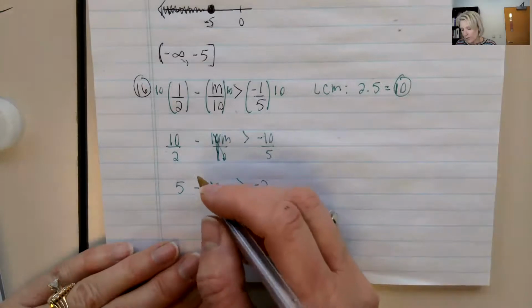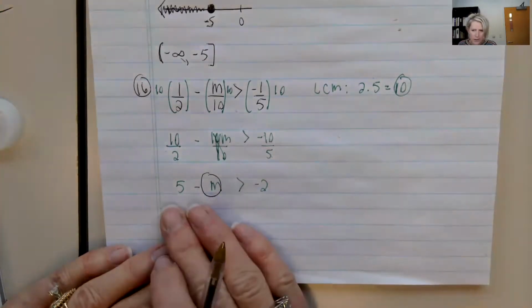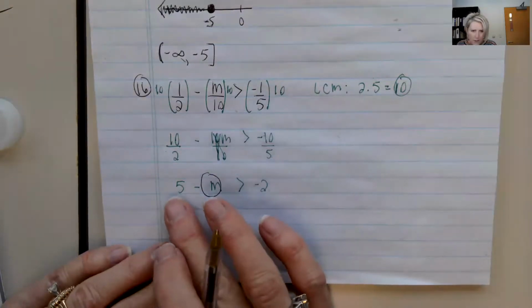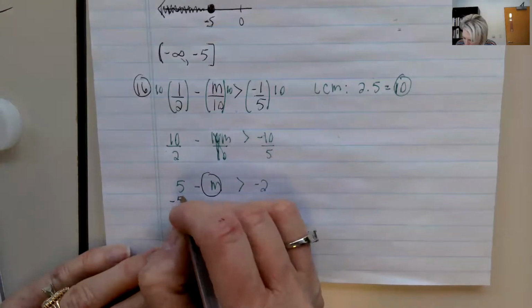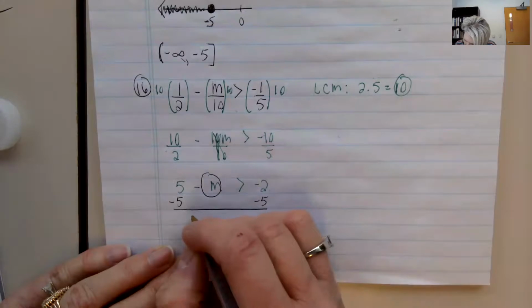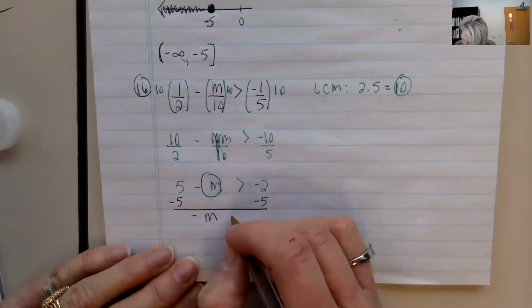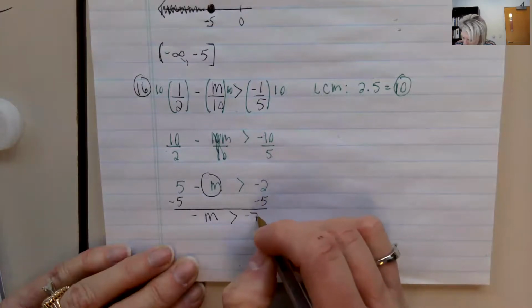And because I'm solving for m, I'm going to circle that. So my m's are all on the left, just like I like them. So I'm going to get my constant to the right. Because it's a positive 5, I have to subtract 5. So a negative m is greater than, and then a negative 2 minus 5 is a negative 7.